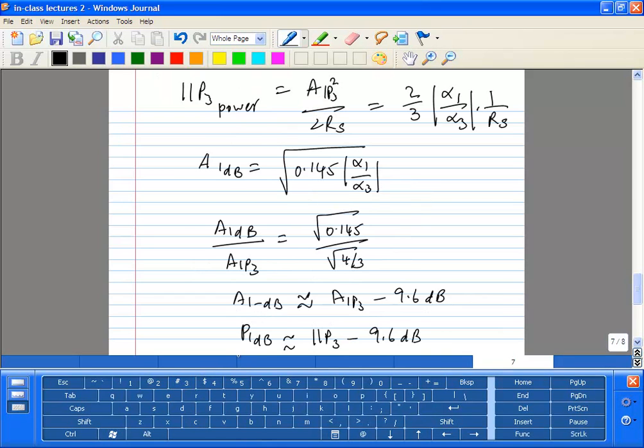The other one was root of 0.145 alpha 1 over alpha 3. So the relationship is root of 0.145 over root of 4/3. When you take dB on both sides, you will have half log of 0.145 by 4 by 3. When you take the power, it is a square. Sure, you'll get a power, but if you calculate it, it'll come out to 9.6 dB.